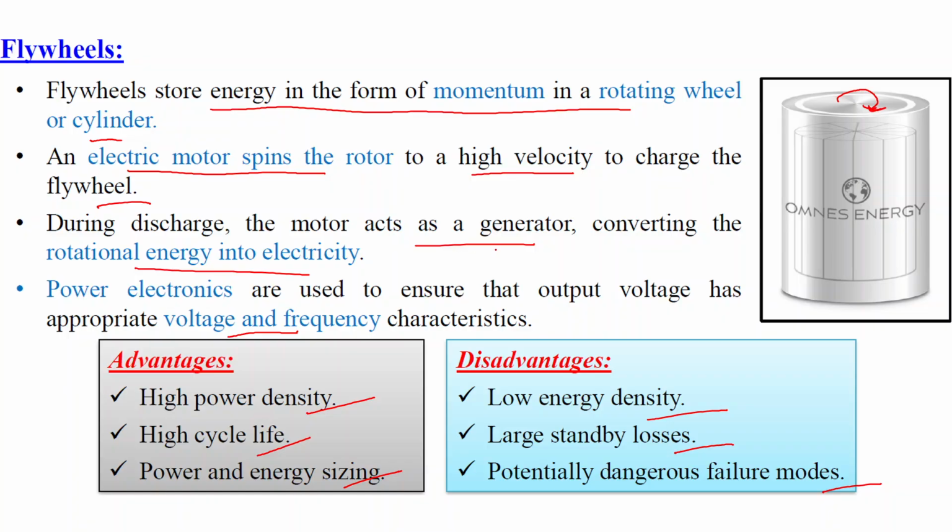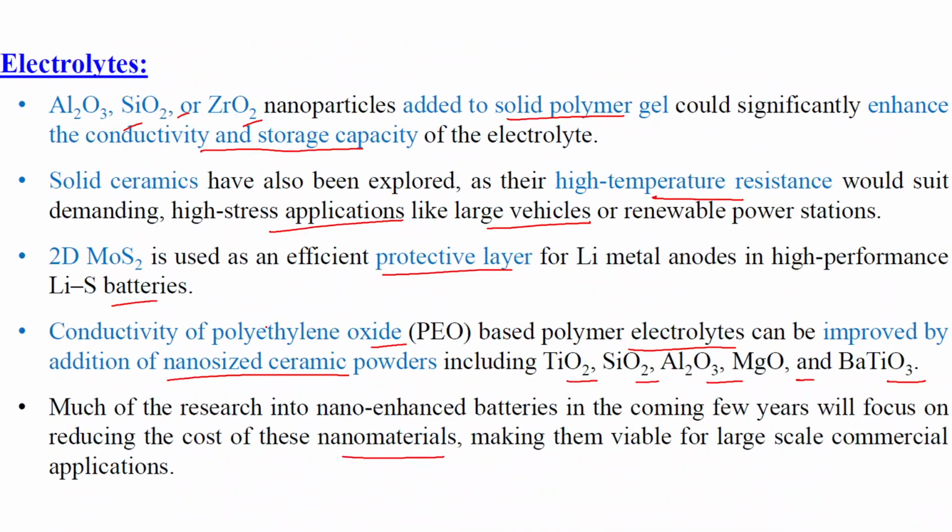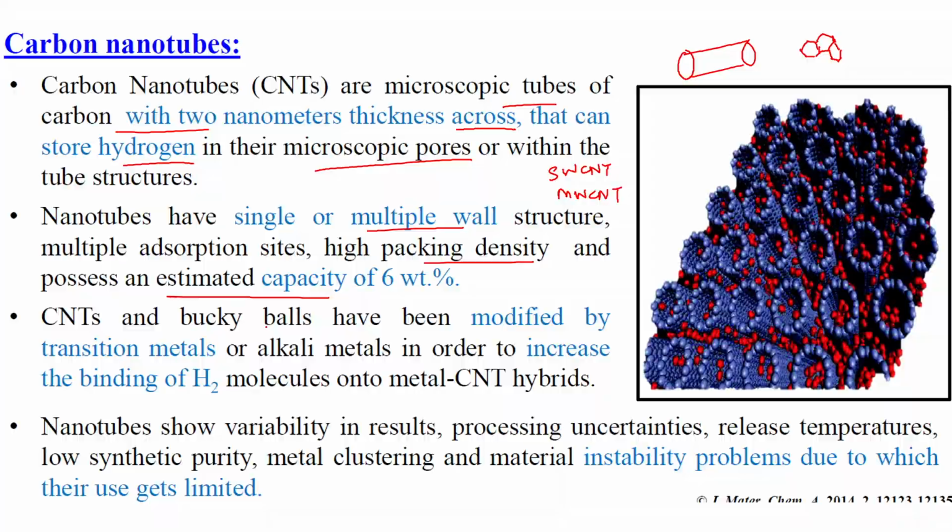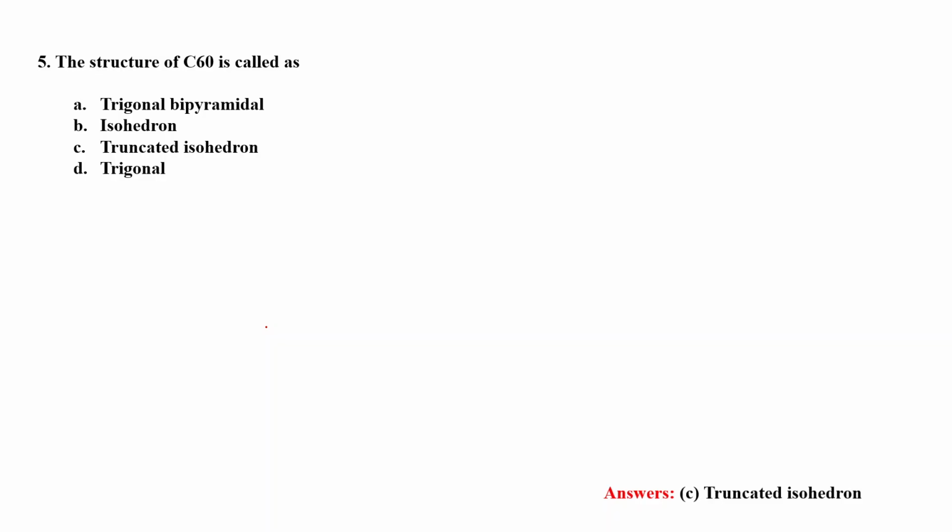During discharge, the motor can act as a generator and convert that rotating energy into electricity as well. The power electronics ensure that the output voltage has appropriate voltage and frequency characteristics. This was not discussed in much detail, so it is fine.